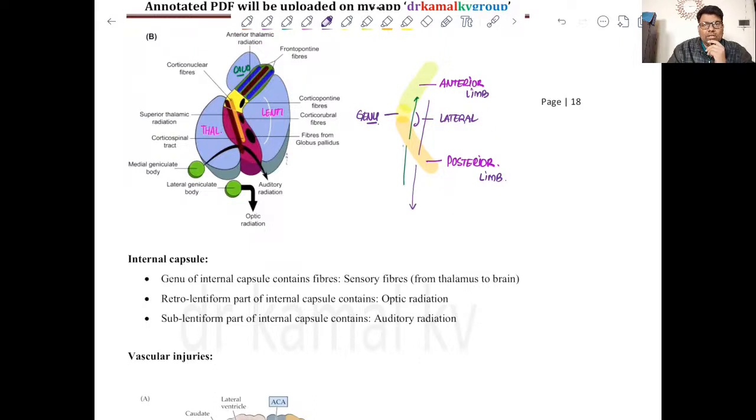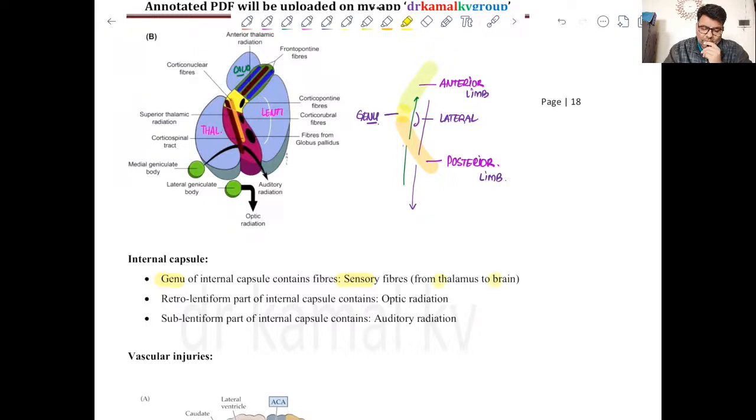So it contains ascending fibers and descending fibers, and therefore if there is injury to the internal capsule, usually a vascular injury in case of stroke, the manifestations are widespread. Right? Now in the genu, we can have sensory fibers which are going from the thalamus to the brain.